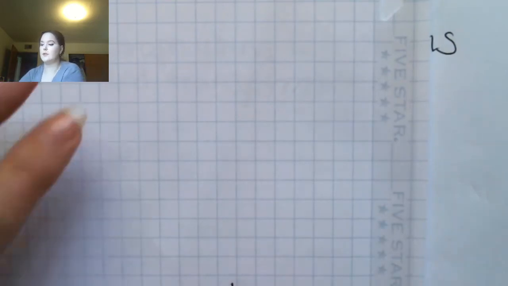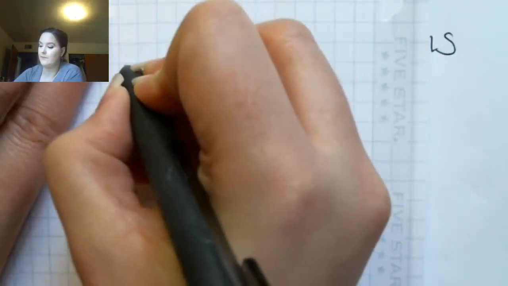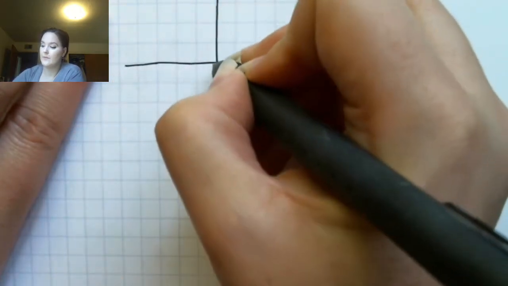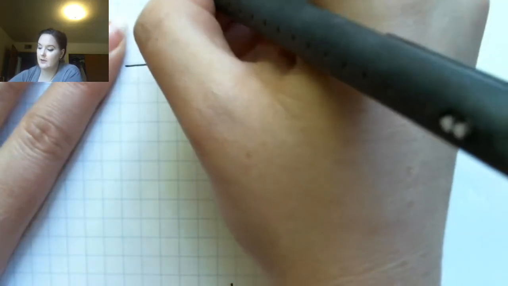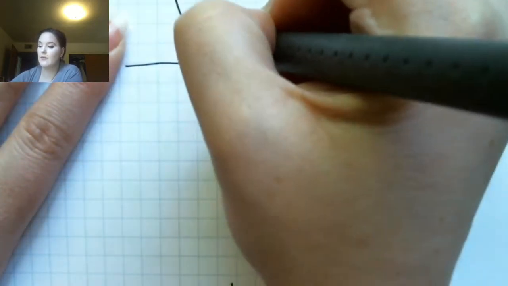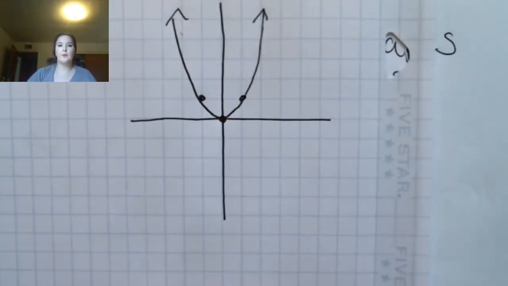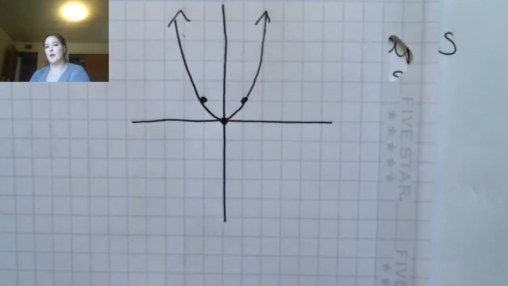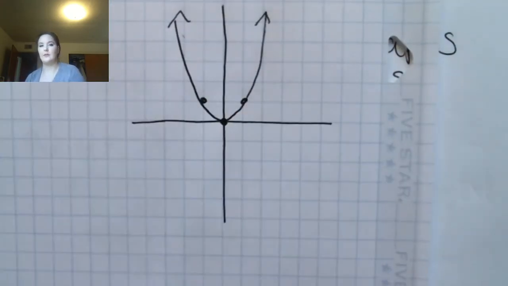Okay, so what is this going to look like? I'm going to dot in my key points here and draw my base graph. This reflects across the x-axis, right? Meaning it's going to go from up here, reflected down here.